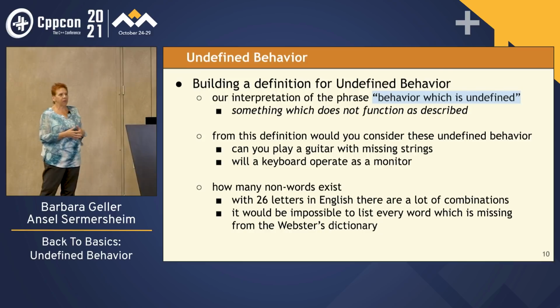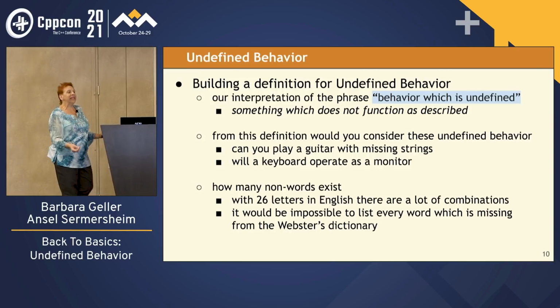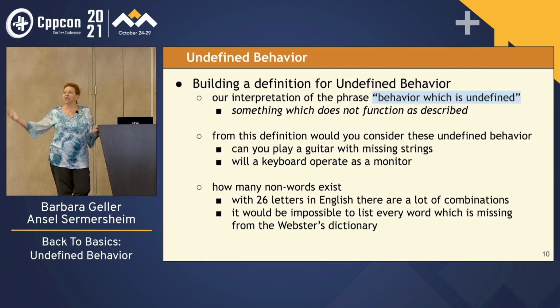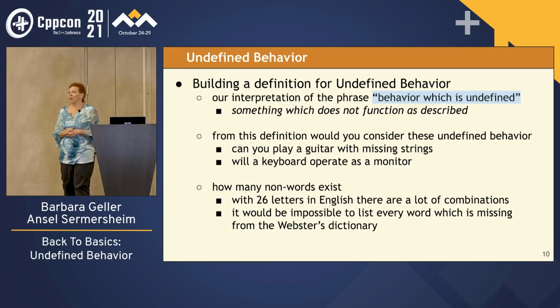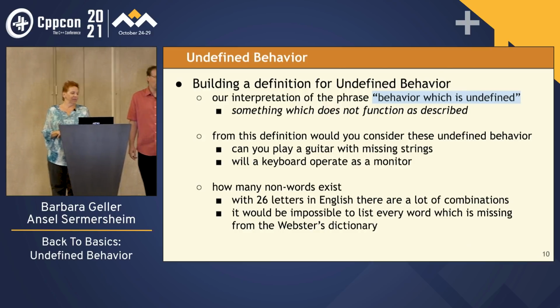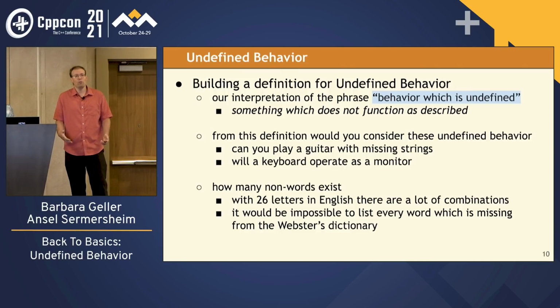We can describe subsets. We can describe ideas of what you're looking for. But we can't really come up with a definitive list of what is undefined. And I know that bothers some people, but that's where we're starting from. That is a definition. It's far better to make it a habit to only use words that are found in the dictionary. Then you don't have to ask this question as often.